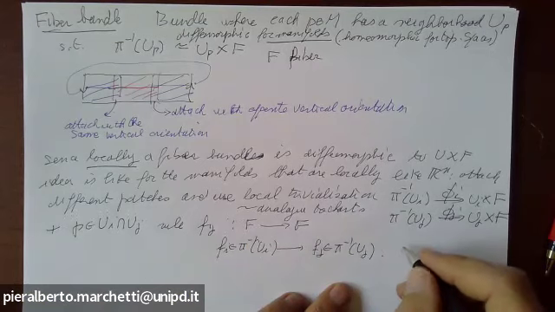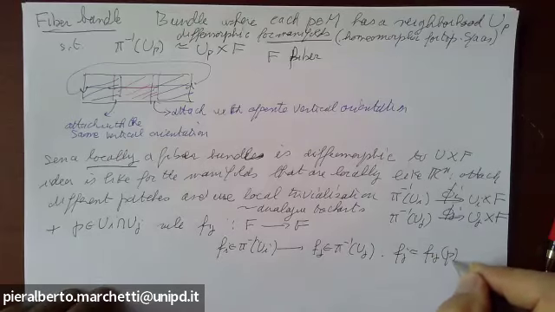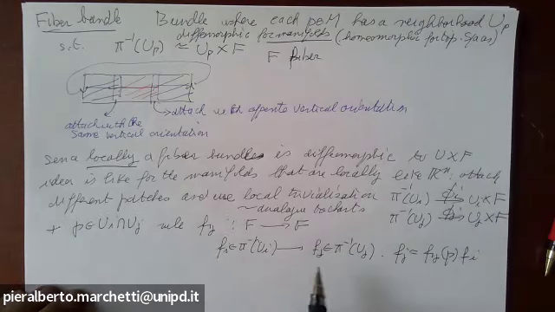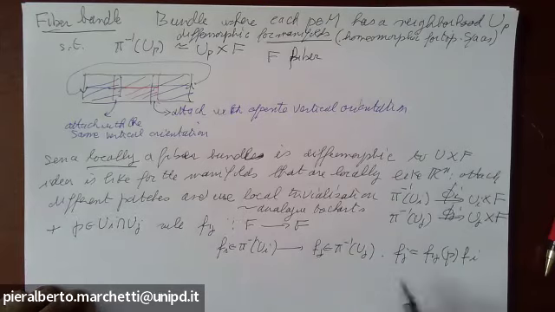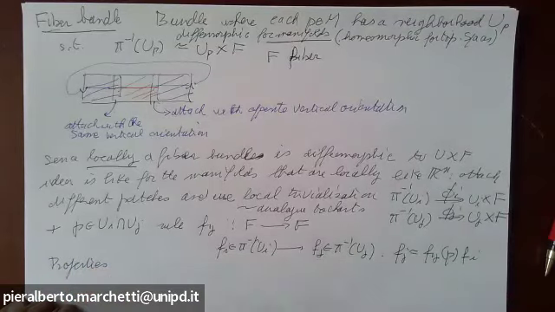In the following way: you define Fj as Fij of the point P acting on Fi. So you should give me a map from the fiber to the fiber, one above the open set Ui, the other above the open set Uj for the same point P, that gives me a rule to attach the two fibers.